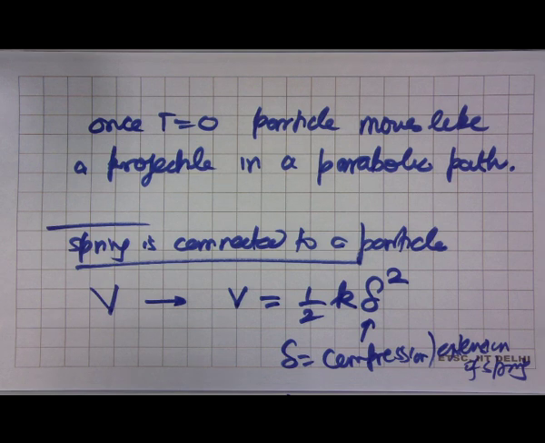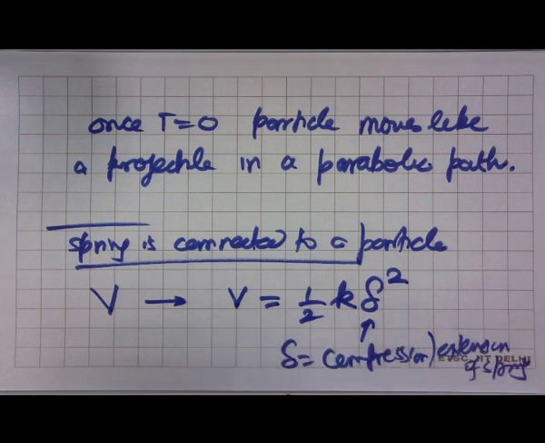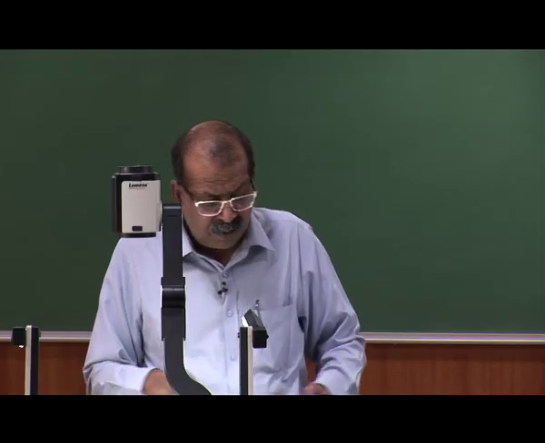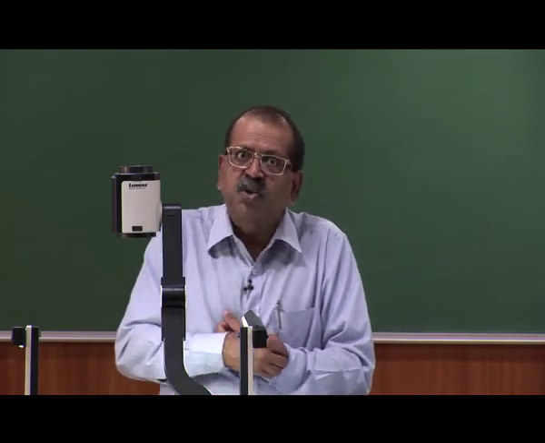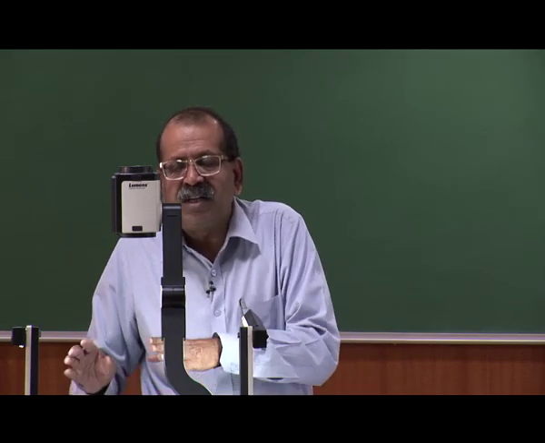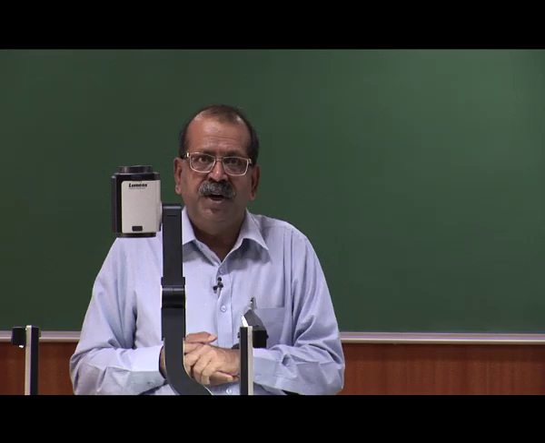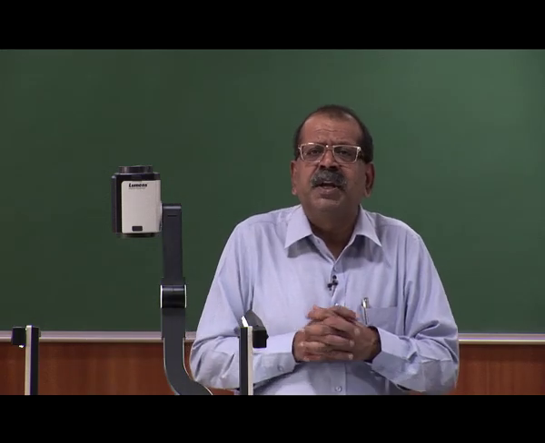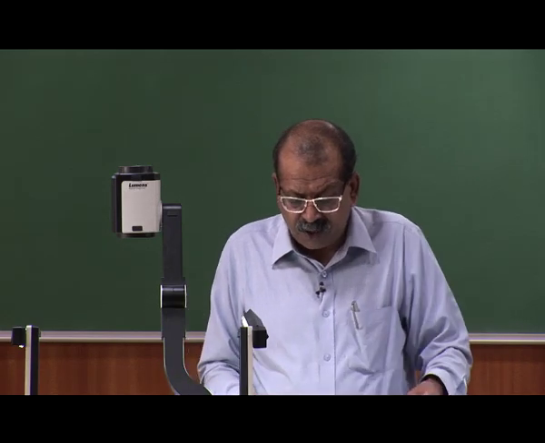You will have a new force called the spring force, and in the potential energy term we will add the potential energy due to the spring force, which will be half k delta square. If gravity is changing place, you have to also account for the change in gravity potential energy, and the sum of change in kinetic energy delta K plus delta V must be equal to the work done by non-conservative forces. Non-conservative forces typically will be forces like friction or a constant force F being applied in a problem.